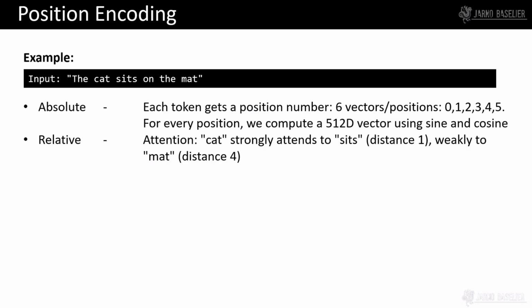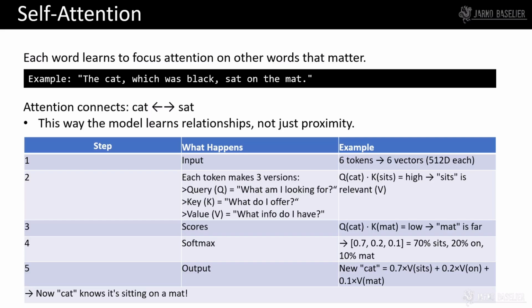And with relative, we get attention, where the cat strongly attends to sits, which has a distance of 1, and weakly to mat, which has a distance of 4. So it calculates the relative words to each other and usually gets a lot better results. So each word learns to focus attention on other words that matter.